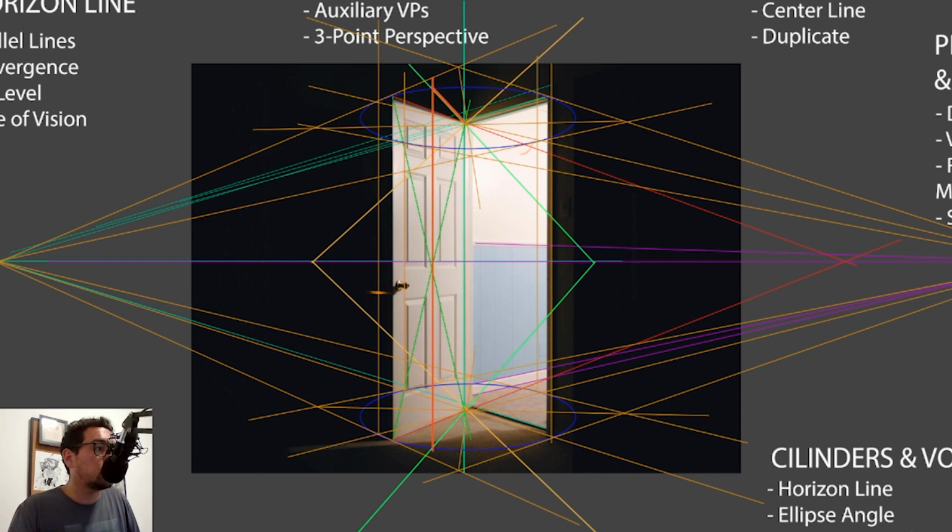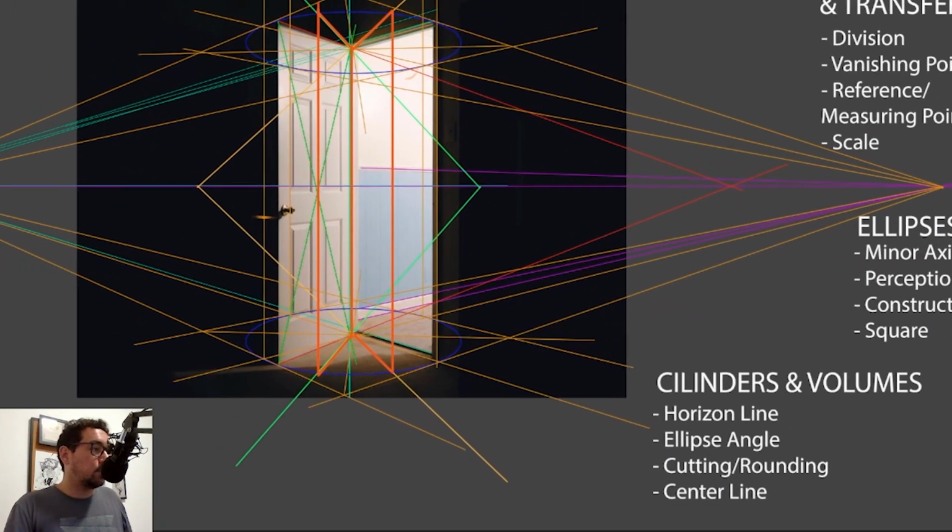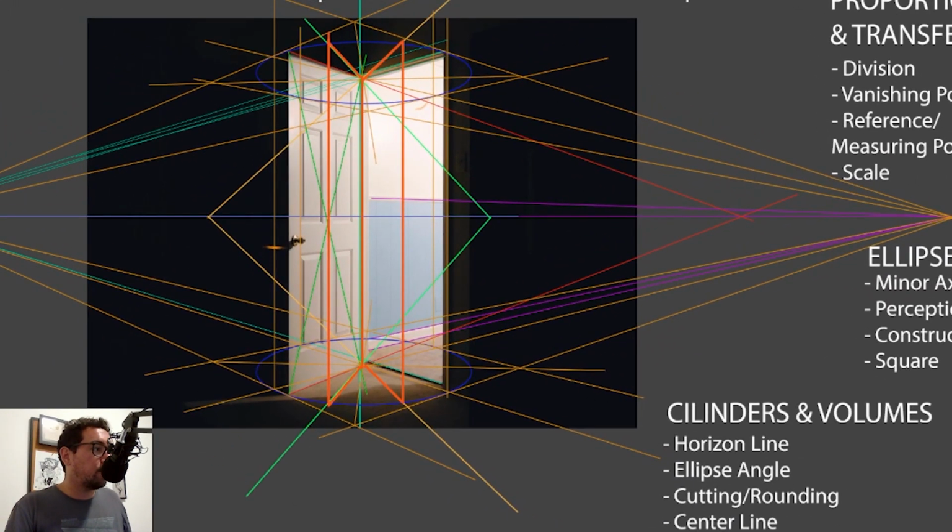So this is going to be the door at this point. And if we do have that going in this direction, the same will happen here, and the door will be almost closed at this point. So that's basically the use of ellipses to understand rotation.